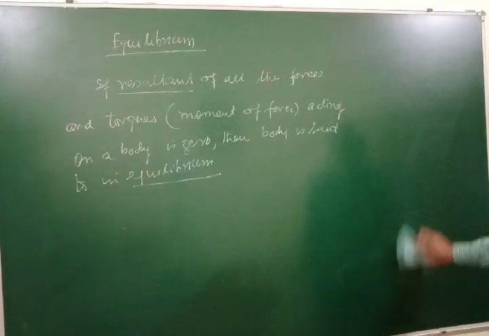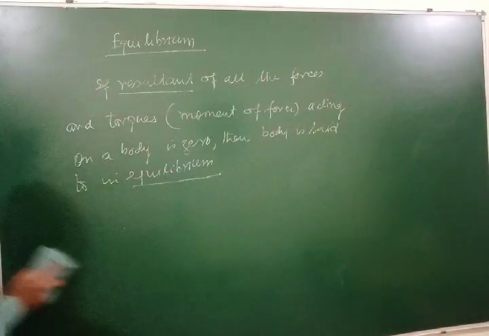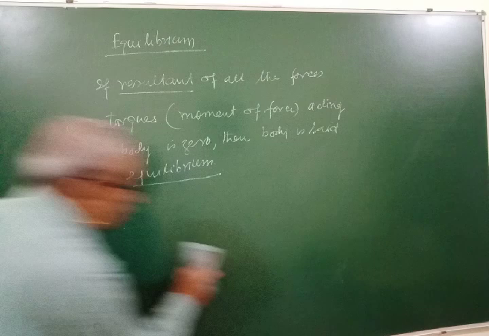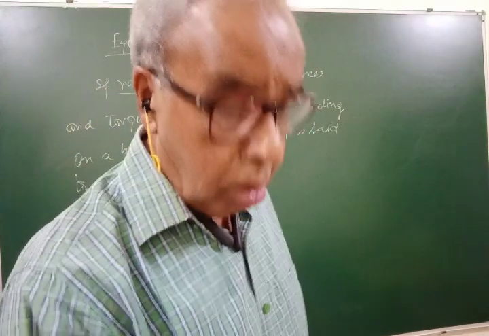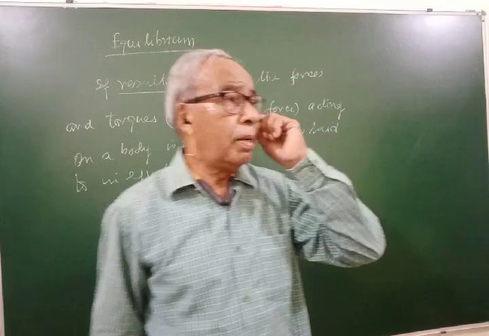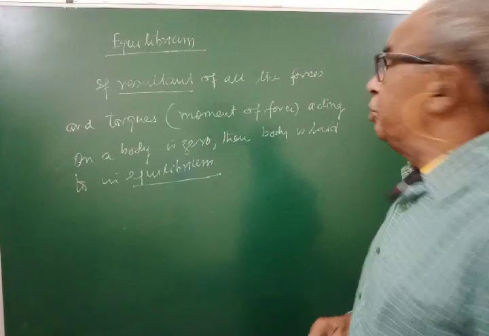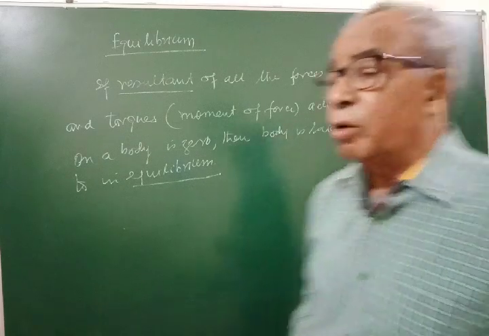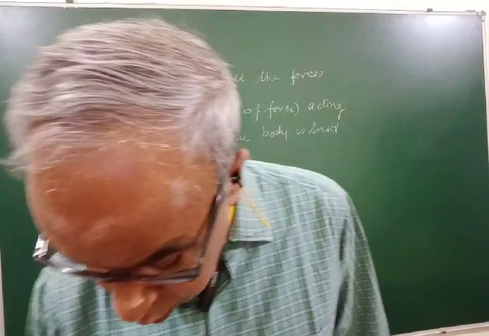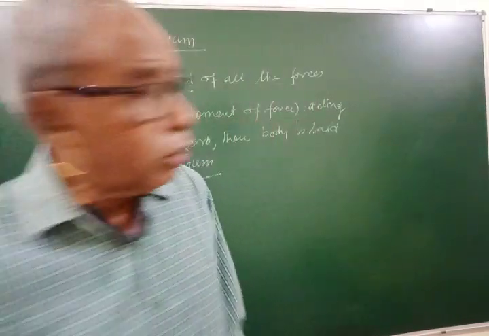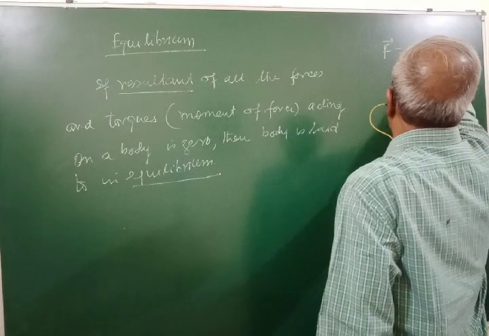People generally get confused, thinking that a body in motion cannot be in equilibrium. This is a common misconception. According to Newton's second law, if a body is moving with constant velocity, then acceleration is zero, and F is equal to ma.